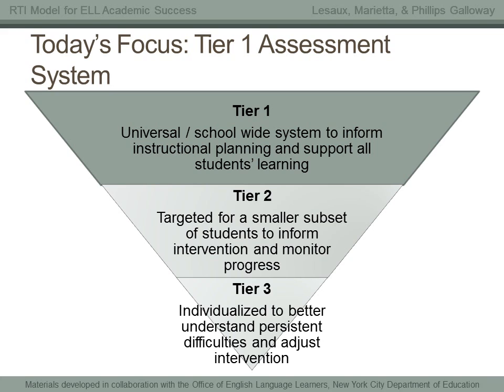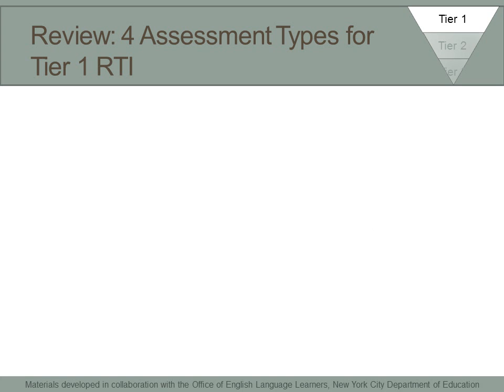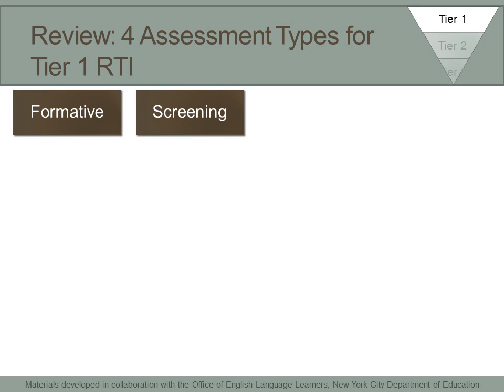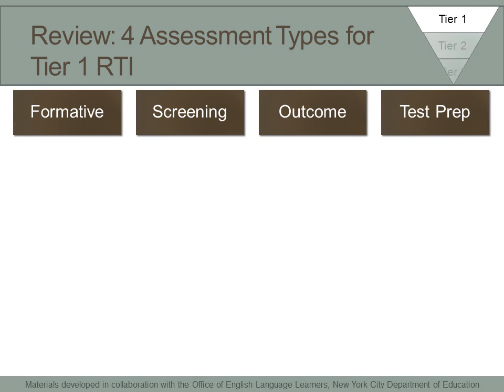What we want to think about today are what are the assessments we have in place for our entire school population that informs instructional planning and supports students' learning. Within a Tier 1 assessment system, there are 4 common assessment types: formative assessments, screening assessments, outcome assessments, and what we call test prep assessments. So let's spend a little bit of time talking about each of these assessment types.